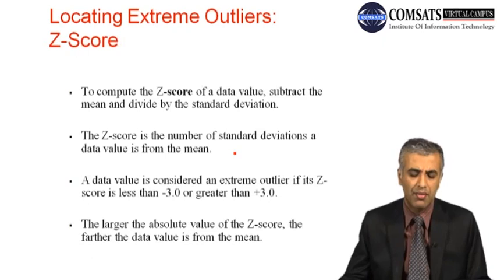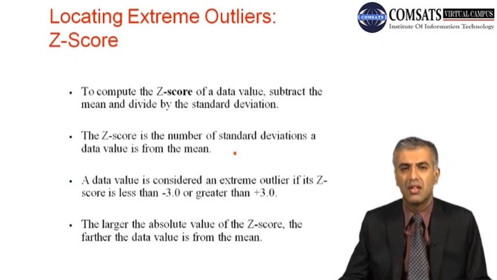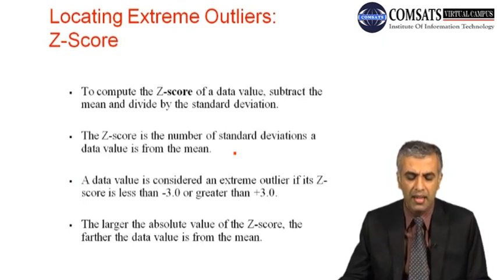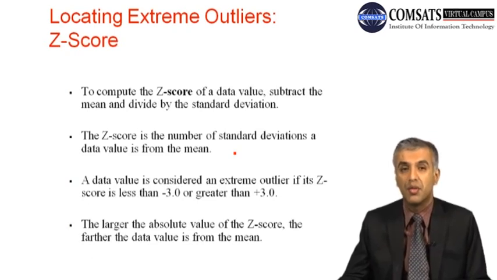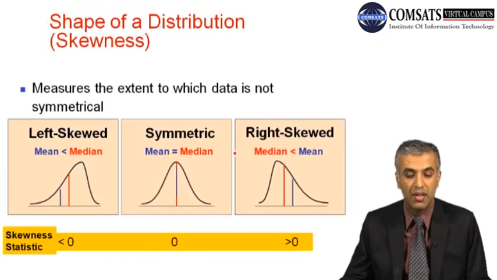Z-values less than -3 or greater than 3 are termed outliers, so we can locate extreme values through this methodology, and therefore the importance of the z-score is very evident from here.